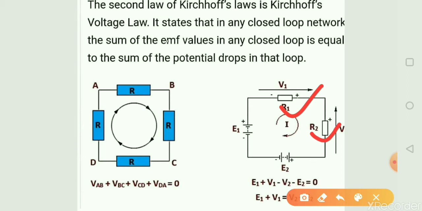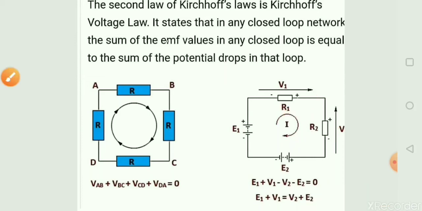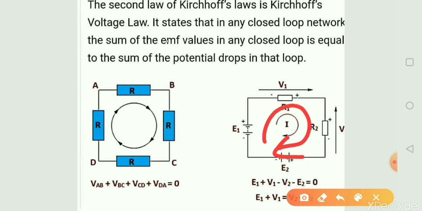So according to KVL, if we move around the electrical circuit and add the voltage across each element of the circuit, then the algebraic sum is 0.